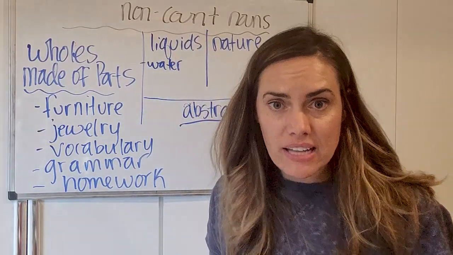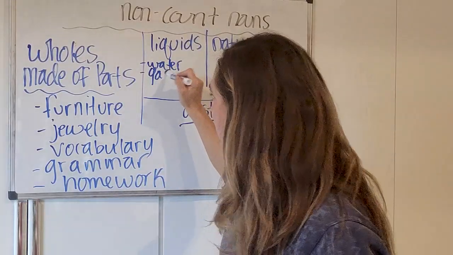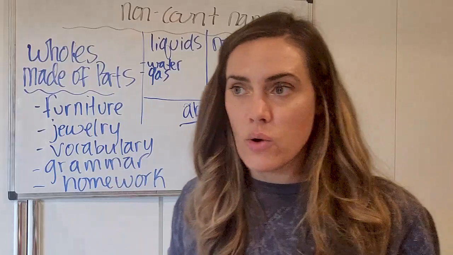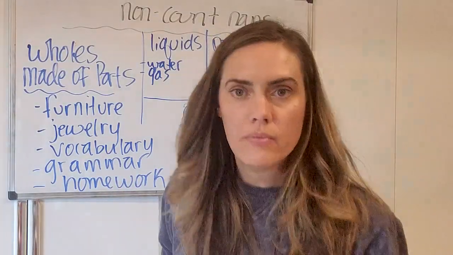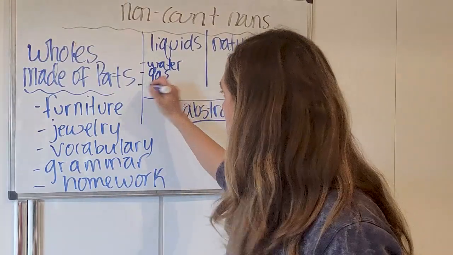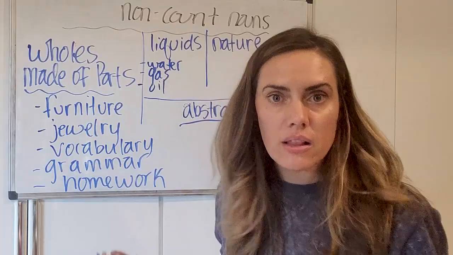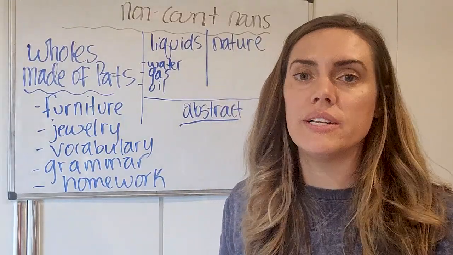Gasoline, when you go fill up your tank, okay? We call it gas in the United States. So I can't say I got 5 gases. I say I got gas. Or I need oil in my car. I don't say I need oils. Oil, right? Milk, tea, all these things, they are non-count, they're liquids, okay?